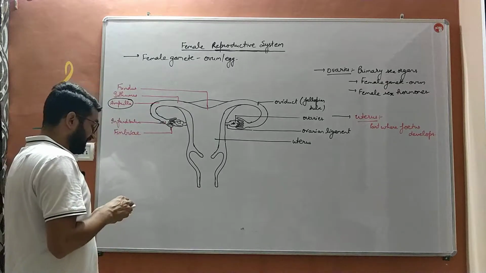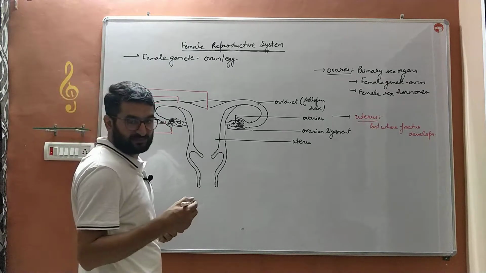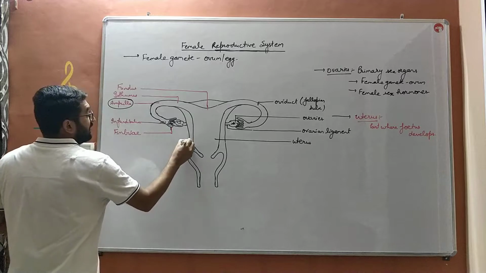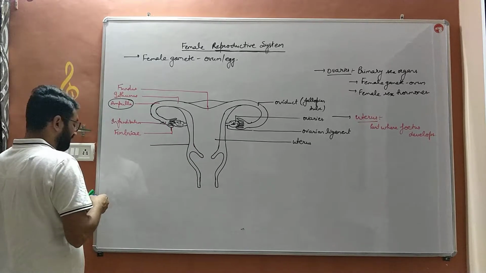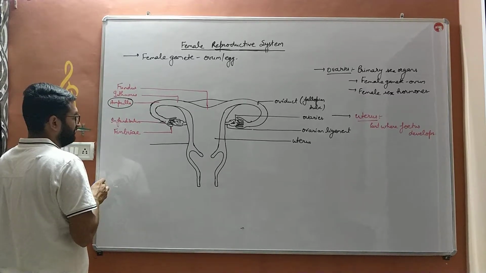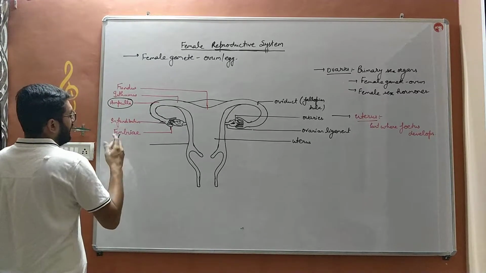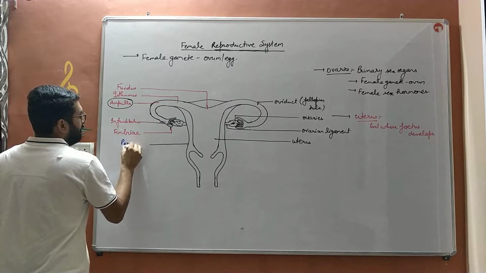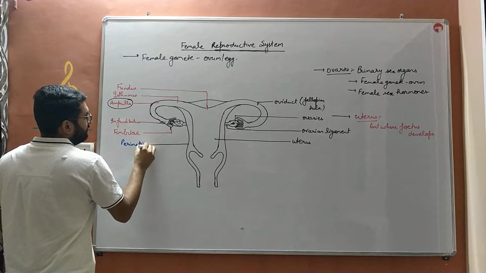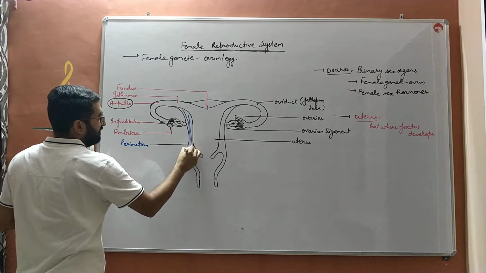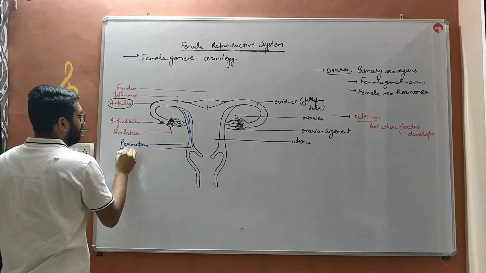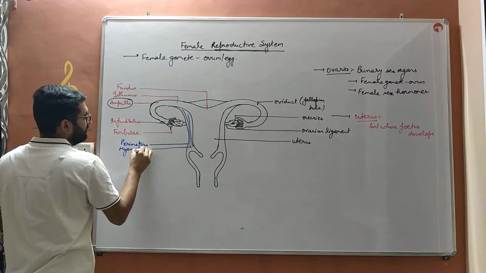This uterus has three walls. It has a triple layered wall. The outer one, this one, is known as perimetrium. It has a middle layer, and that middle layer is known as myometrium.